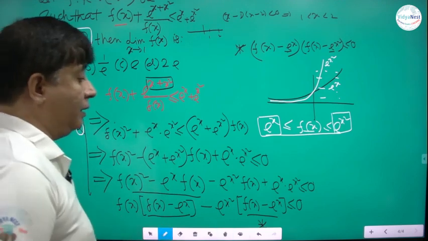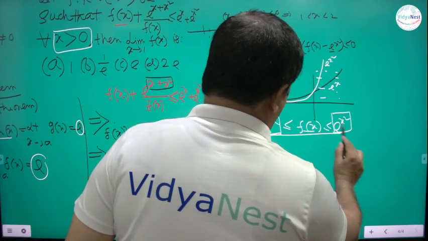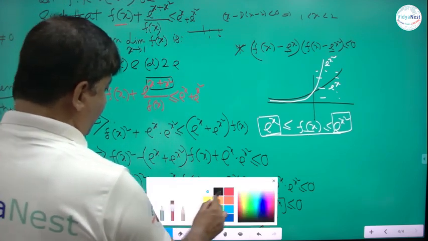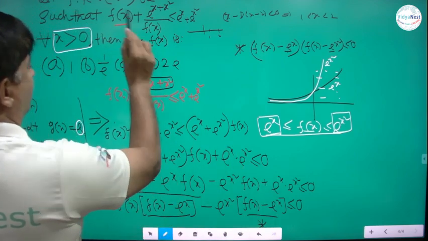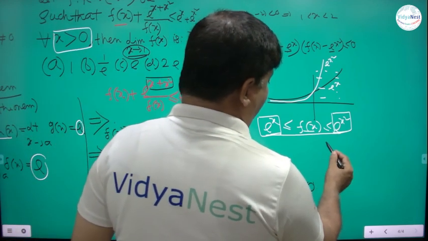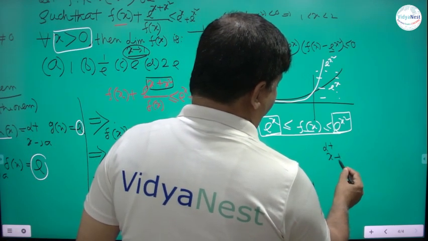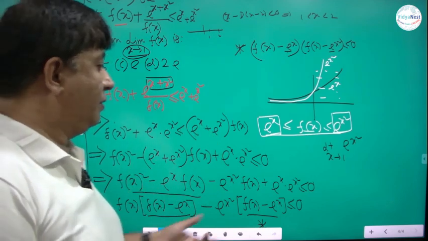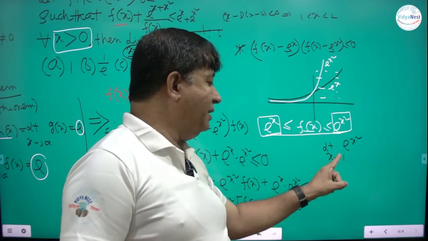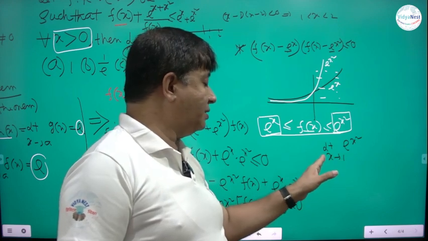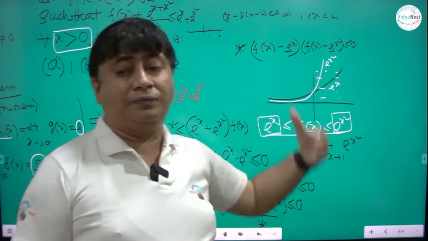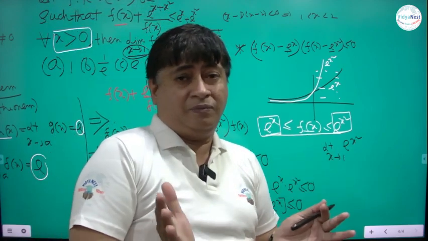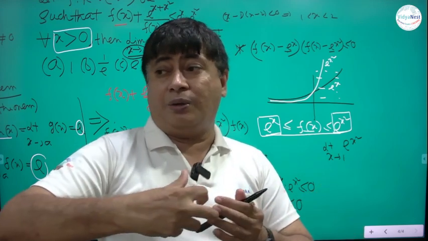See, f(x) is squeezed between these two curves. Here we are told to find the limit at the point where x tends to 1. Yes or no? Let us take the uppermost curve, e to the power x square. I told you a few minutes back, the limiting value means the value to which x is tending, you can put directly. If you get a finite value, it converges to a finite value.